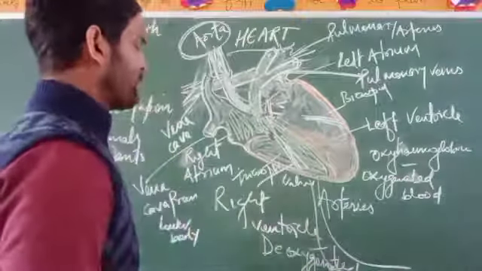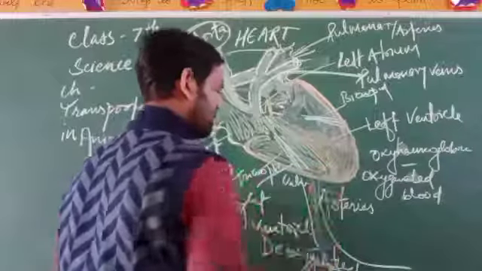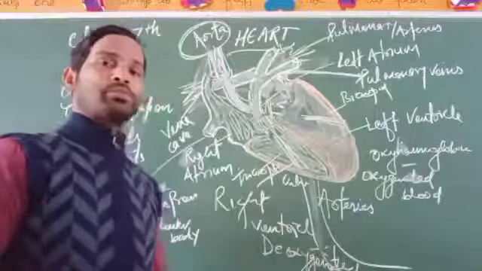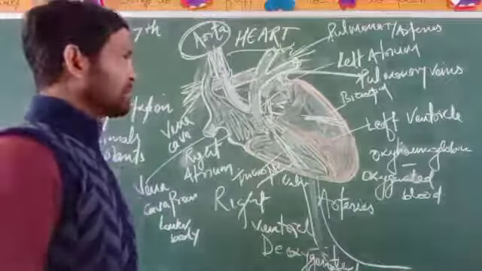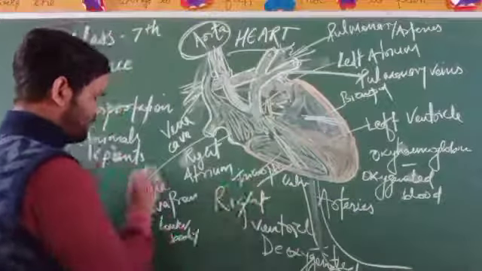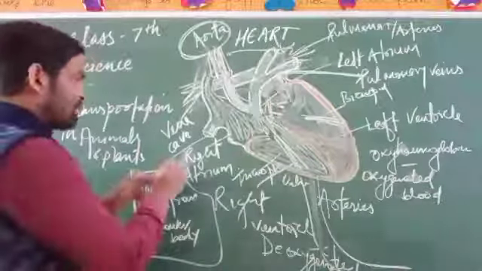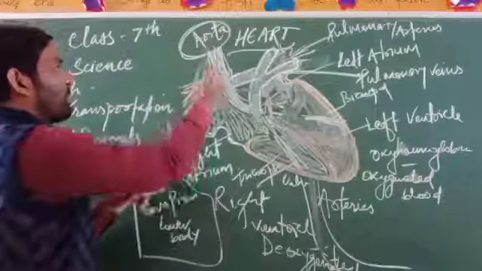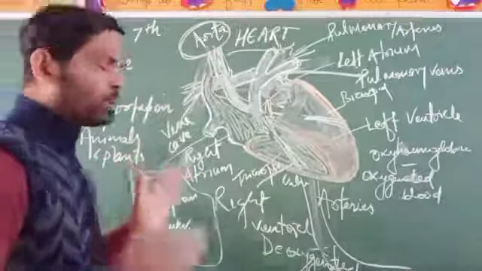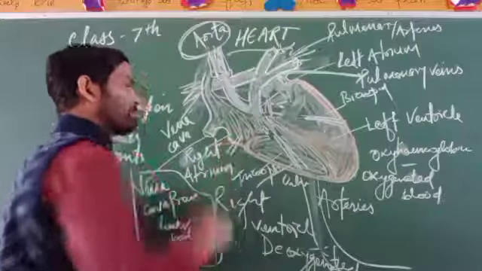Before going to the vena cava, the blood first comes as the vena cava from the lower body. So the vena cava from the lower body and the vena cava from the superior body both come to the right atrium first.